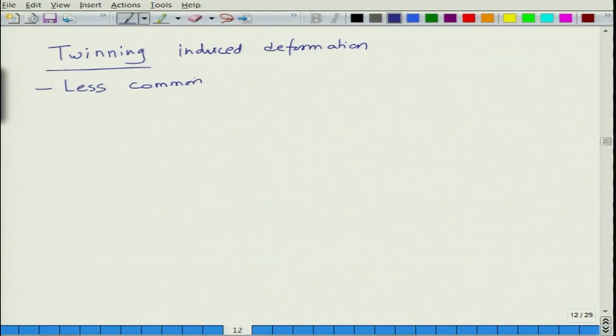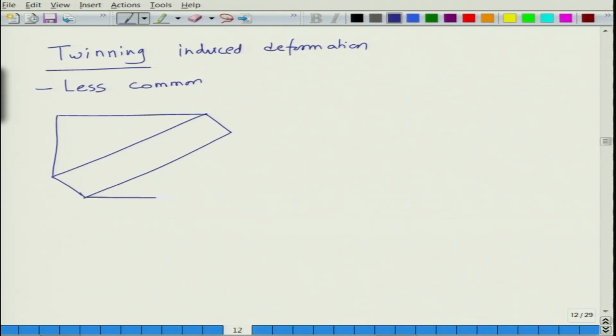In twinning induced deformation, we have a region in which this half and this half are identical to each other, and in between we have what we call a twin. If you look at the twin boundary, this is one plane of atoms, this is another plane of atoms.